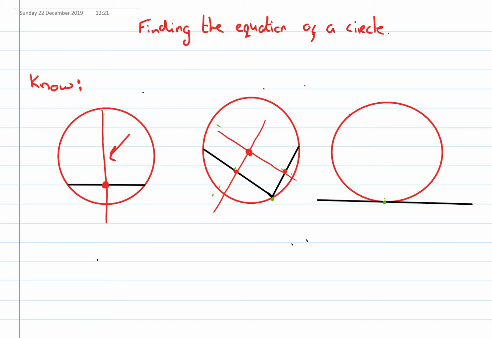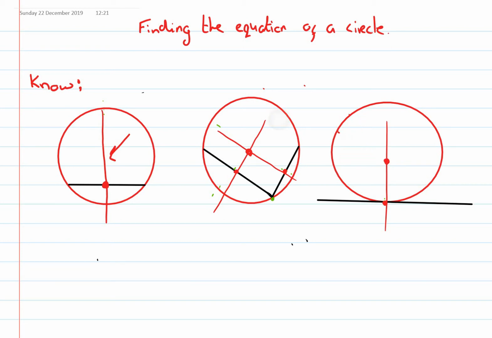And over here, if I have a tangent to the circle and I draw a line perpendicular to that tangent at that point of contact, I know the center of the circle lies somewhere on that line. Likewise then, if I had another chord and I bisected and drew a perpendicular line at the midpoint of that, wherever those two lines cross, that would be the center of the circle.